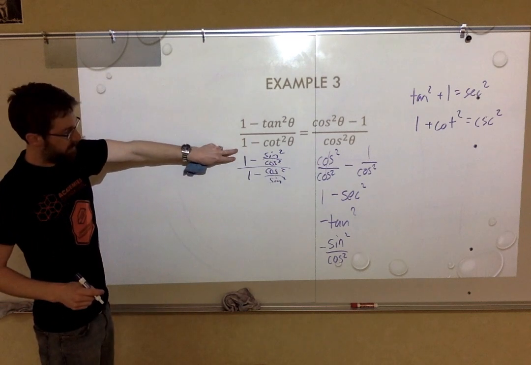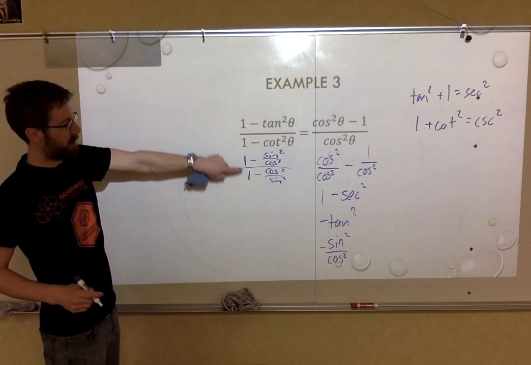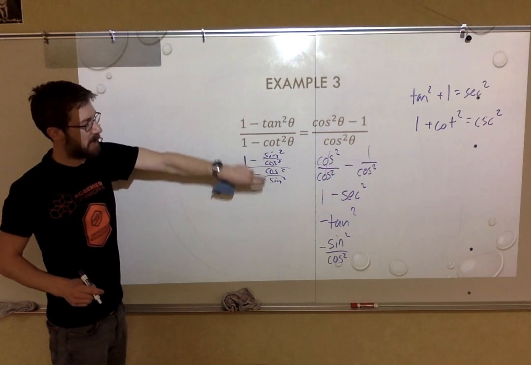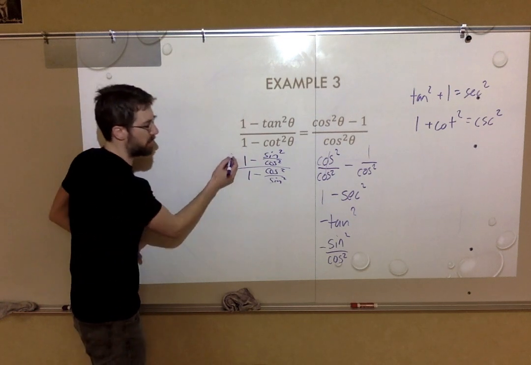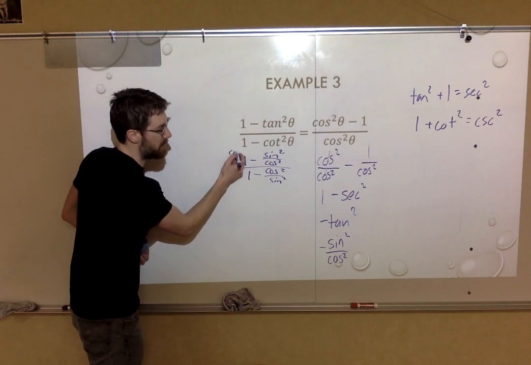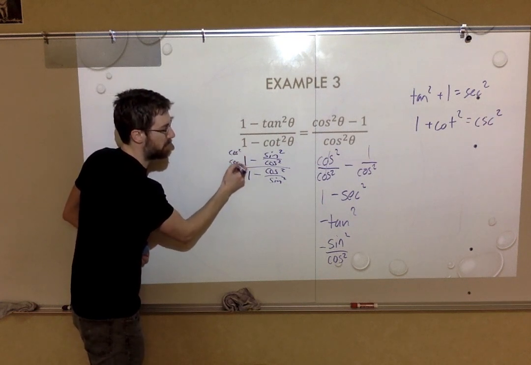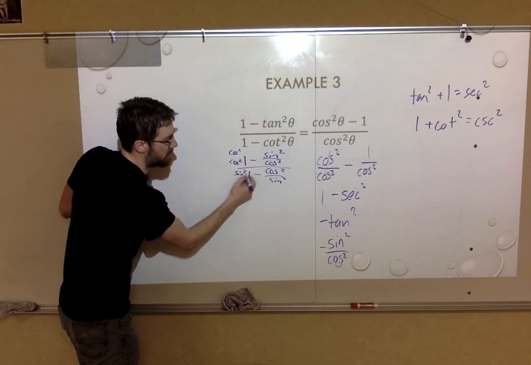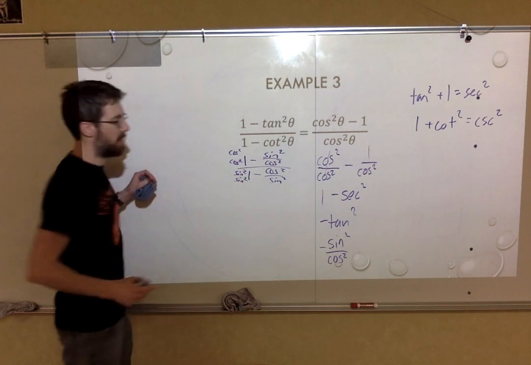Now I've got kind of a mess of a fraction on top and on bottom. I'm going to try to get this to be 1 fraction on top and 1 fraction on the bottom. So I'm going to make a common denominator with the 1 by multiplying by cosine over cosine. Same thing on the bottom, except sine over sine.